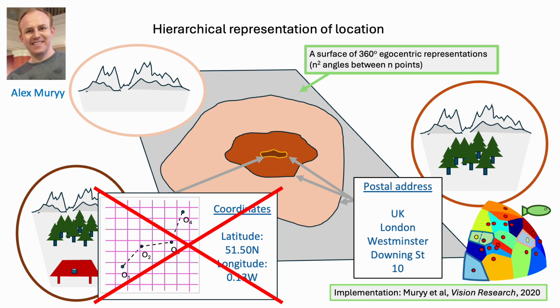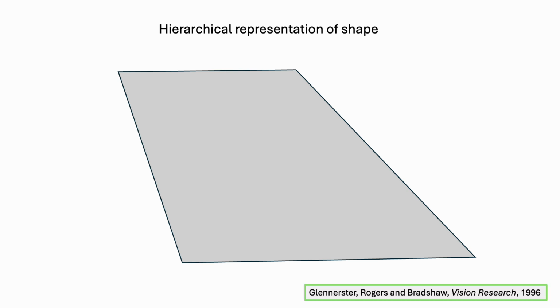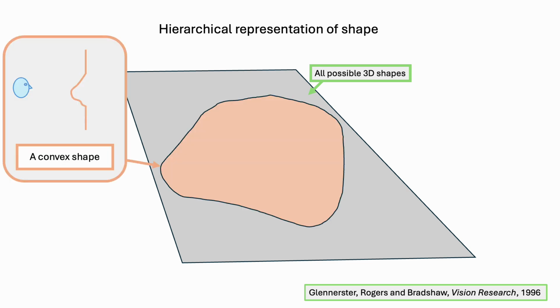It's an example of the hierarchical principle that we talked about with the green fish. So now we're going to do the same for shape. And I'm using data from a paper from 30 years ago. Now the space is all possible shapes.